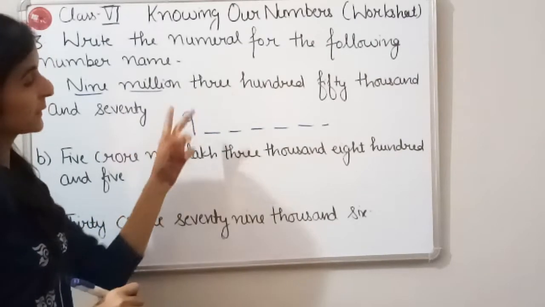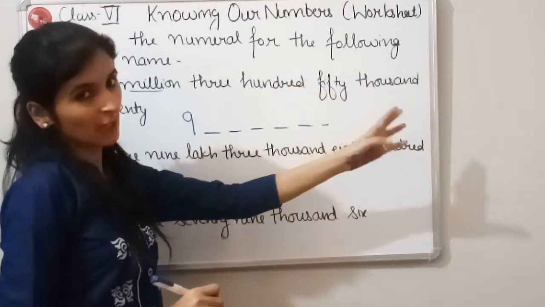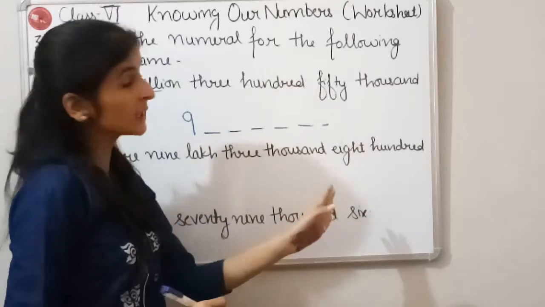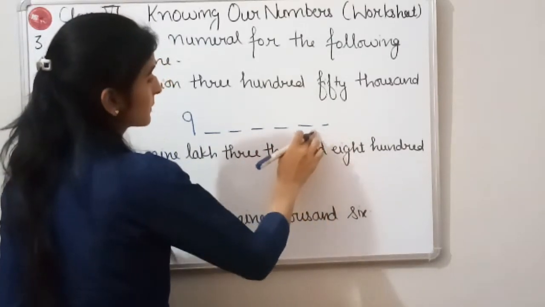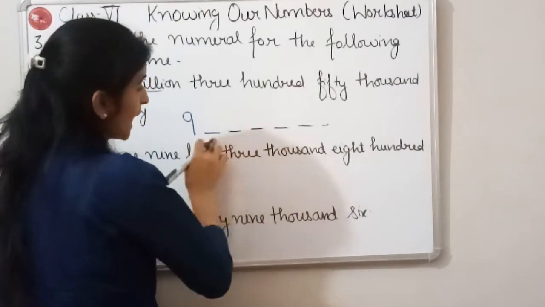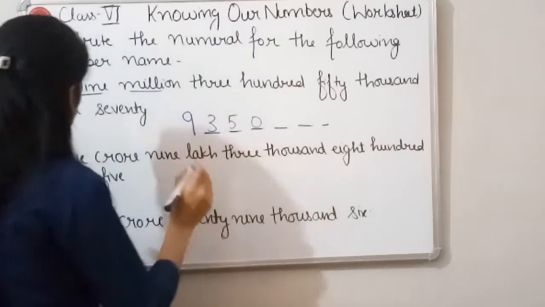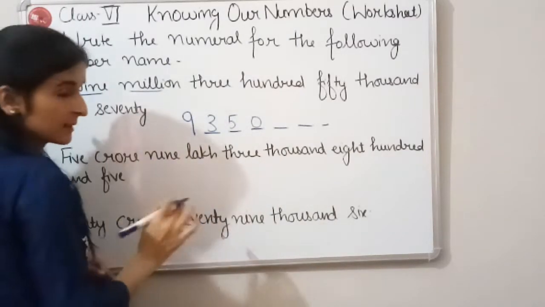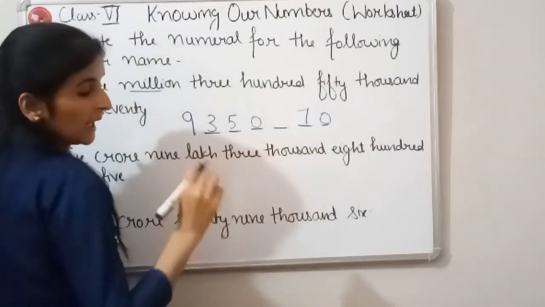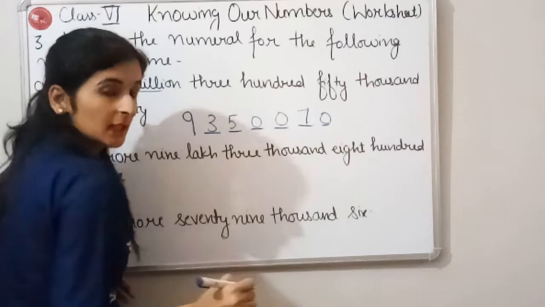It means after writing 350, there is 1000. 1000 means after 350 there will be 3 more digits. So we have to leave space for 3 digits and then write 350. Then at the last there is 70. So I am writing 70 at the last, and the remaining space we have to fill with zeros.